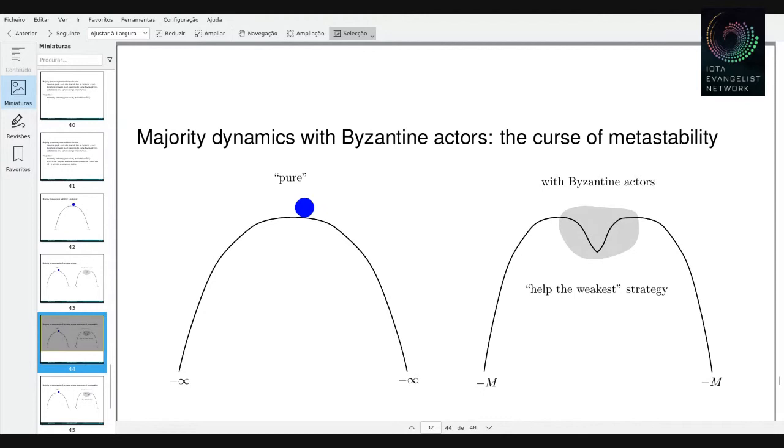And as we know, they will be able to maintain the process in this undecided state for a lot of time, because this time will be basically exponential of this height, this depth here. And exponential is a function which grows really, really quickly.